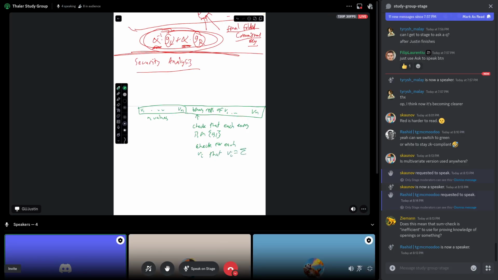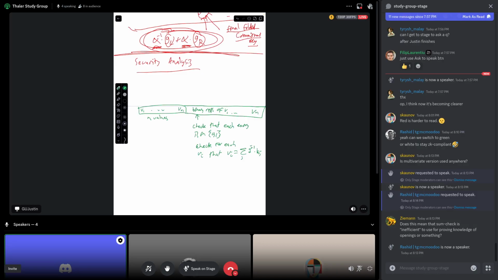So vi equals the sum over the bits j in the claimed binary representation of 2 to the j minus 1 times b_ij. So this circuit is just taking as untrusted advice the binary representation of the committed values, and confirming they are indeed binary representations.